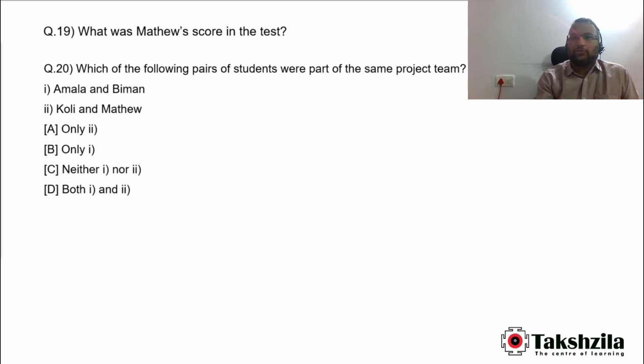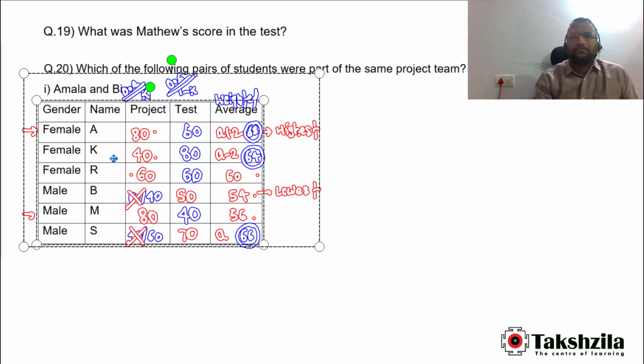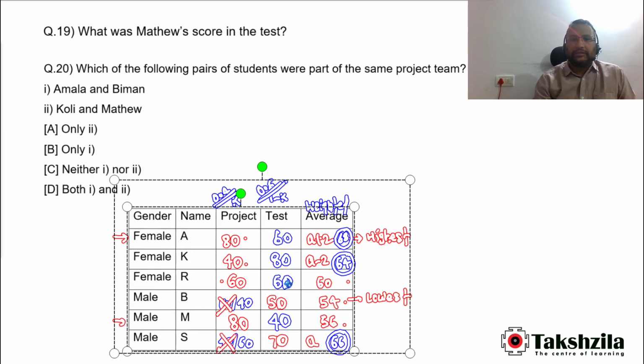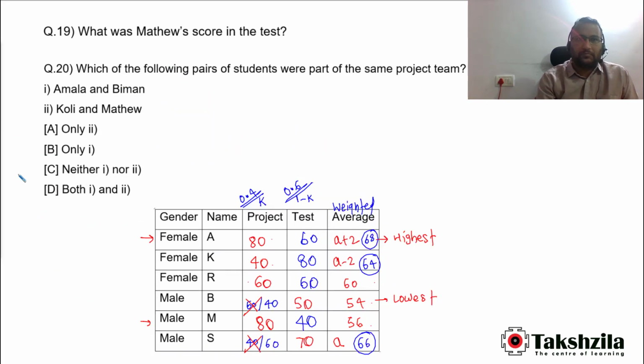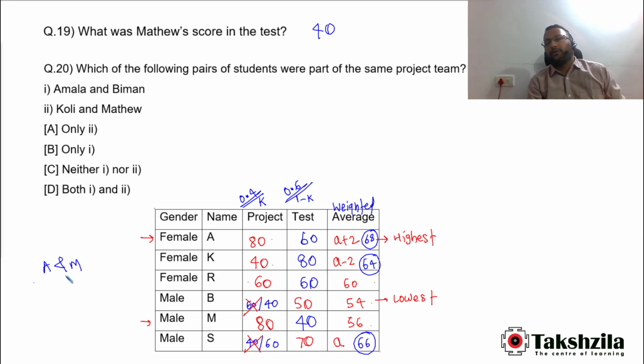After this, the next 2 questions, let's have a look at it. The score of Matthew in the test is equal to 40. And which of the following pair of the students were part of the same project? Over here you can see that A and M are having same marks in project. It means they are a part of same project.